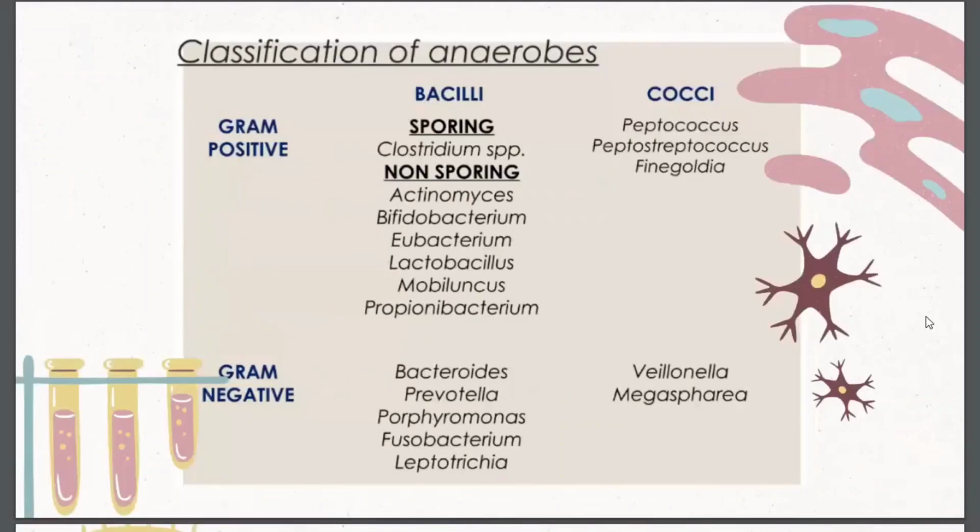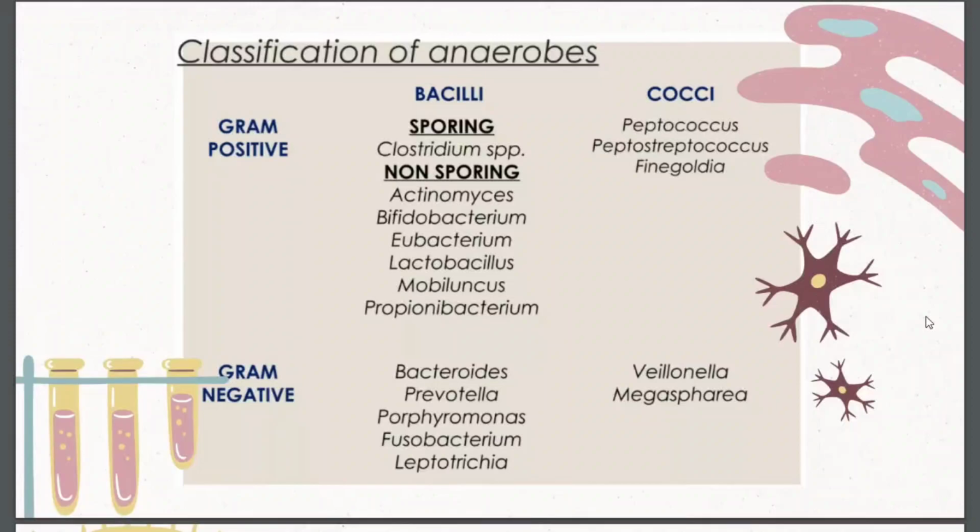So here are some classifications of anaerobes. It has two groups, the Gram positive and the Gram negative. In positive, the bacilli have two classifications also, sporing and non-sporing. The cocci include Peptococcus, Peptostreptococcus and Finegoldia.